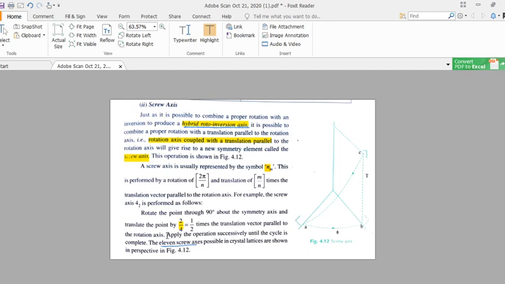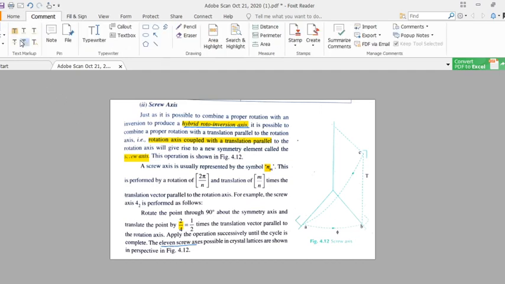Remember that in a screw axis, your rotational and translation axes are parallel. There are 11 varieties of screw axis, and all 11 screw axes are given here. Let us understand how exactly these 11 axes look.